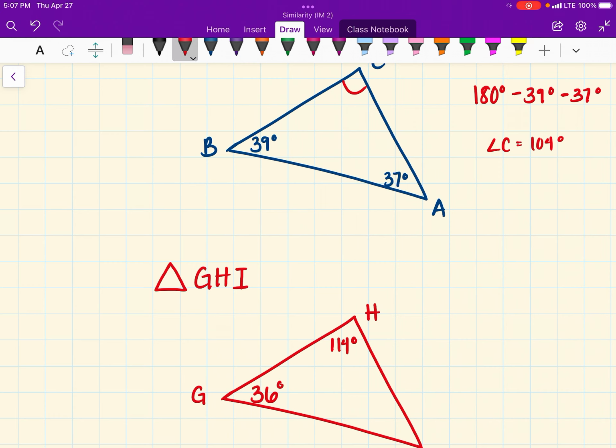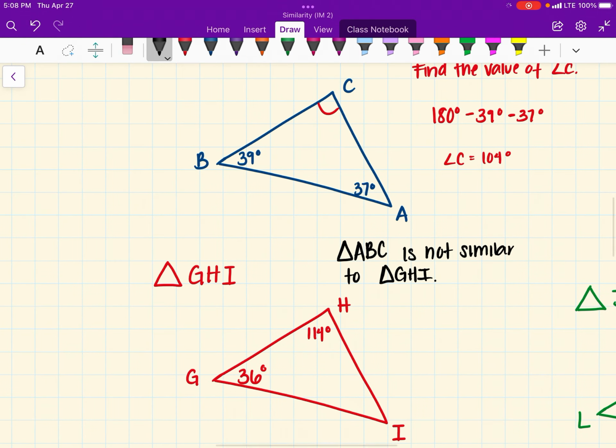So we could say that triangle ABC is not similar to triangle GHI. And once again, that's because they don't share any angles in common.